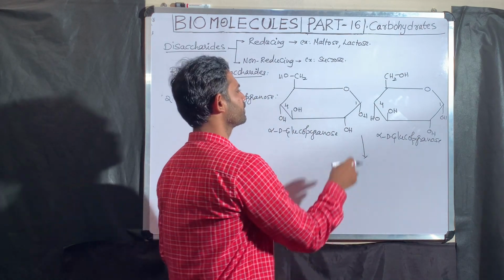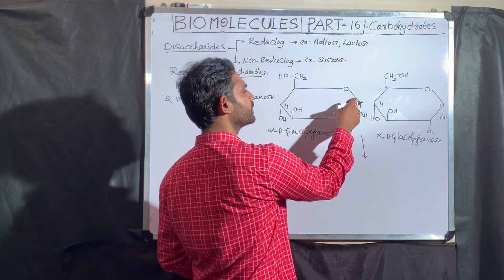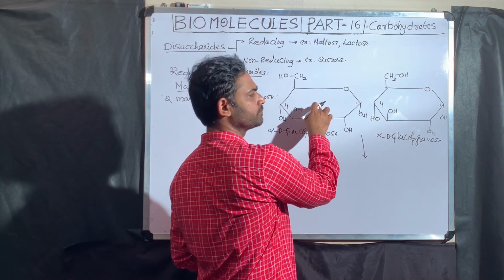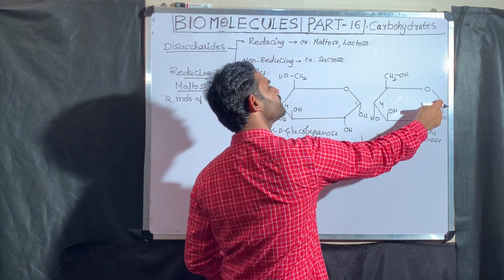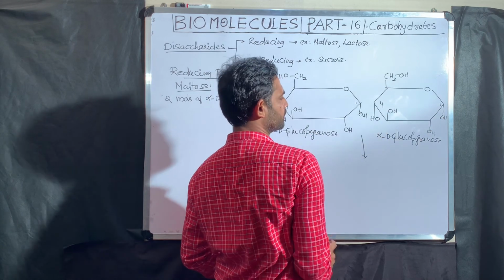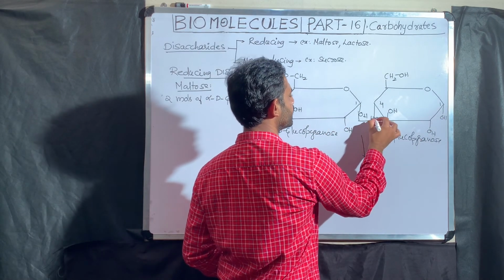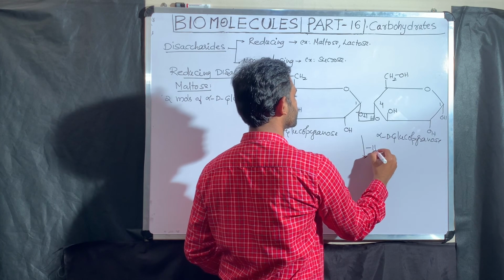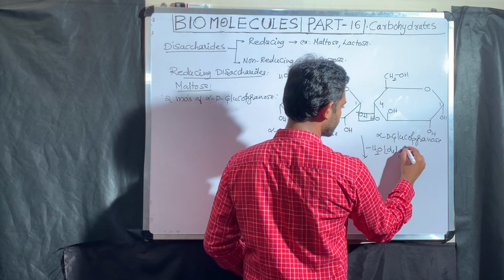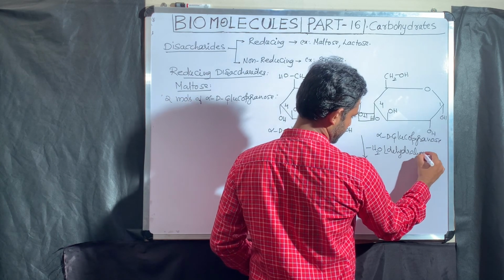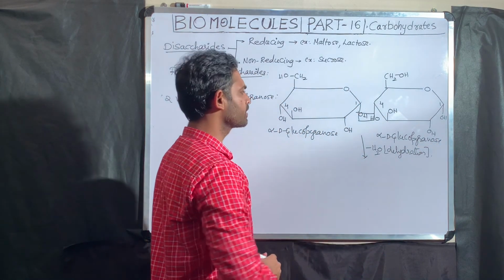In maltose formation, the first carbon is nothing but the functional carbon of this sugar, here having the OH group. This is the second sugar; this is the functional carbon, but this is the fourth carbon. Here OH group, here H. Removing as water. Removing of water is called dehydration. Now understand the maltose structure.